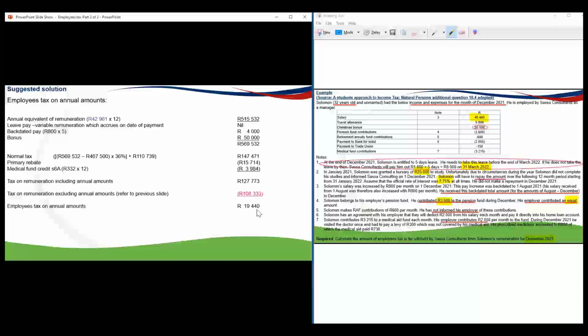For us to get to the employees' tax for December, we will take this employee's tax on the annual amount plus what we calculated in our first calculation, that monthly tax of 9,028 rands. The sum of these two amounts will give us employees' tax for the month of December amounting to 28,468.